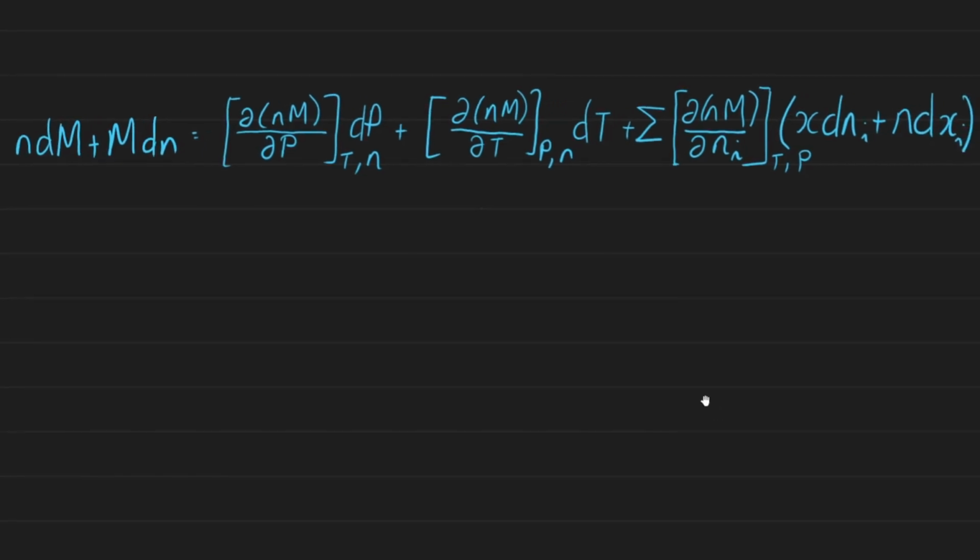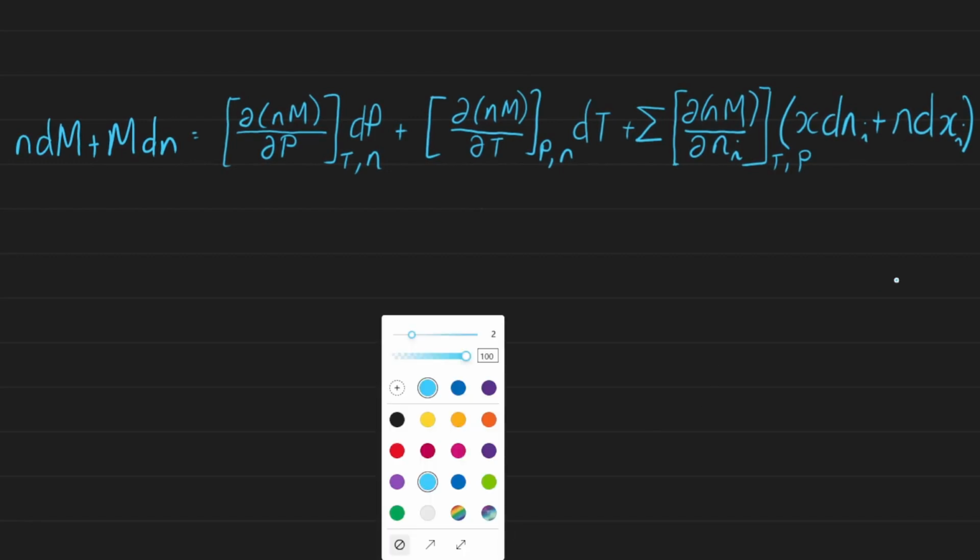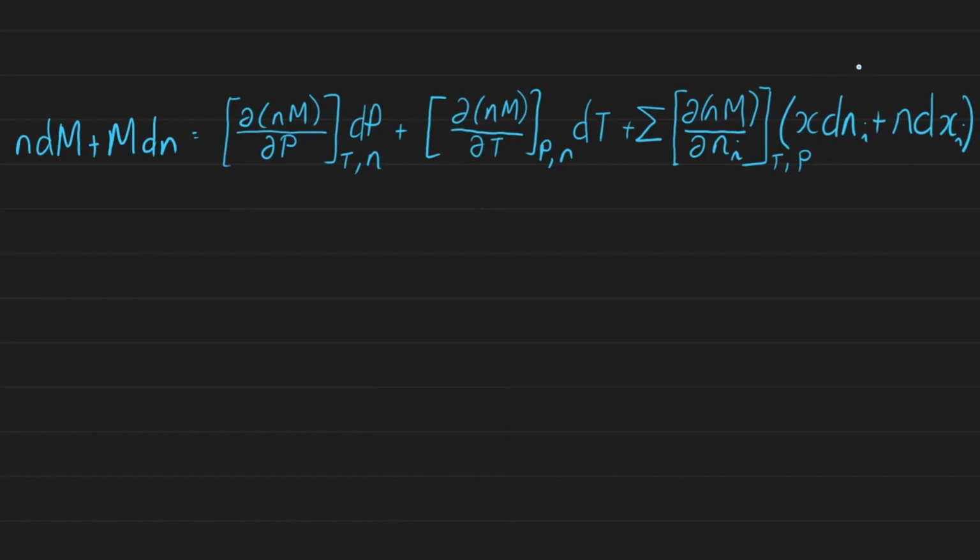Yes, there we go. So just to summarize once more, all that we have done is we have simply replaced n_i. We have n_i here, and we said n_i was x_i n, and then we expanded this out using the product rule.